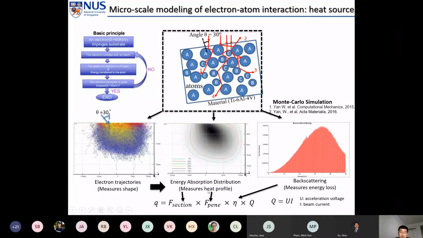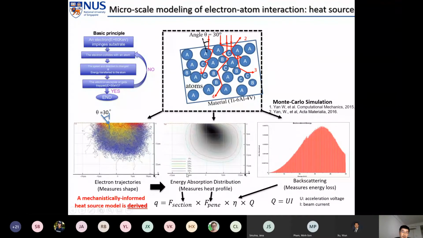Okay, so these 2 terms are derived from this simulation results. And for the energy absorptivity, we actually calculate based on the backscattered electrons and the energy they bring out. And this Q is the nominal or input electron beam power.